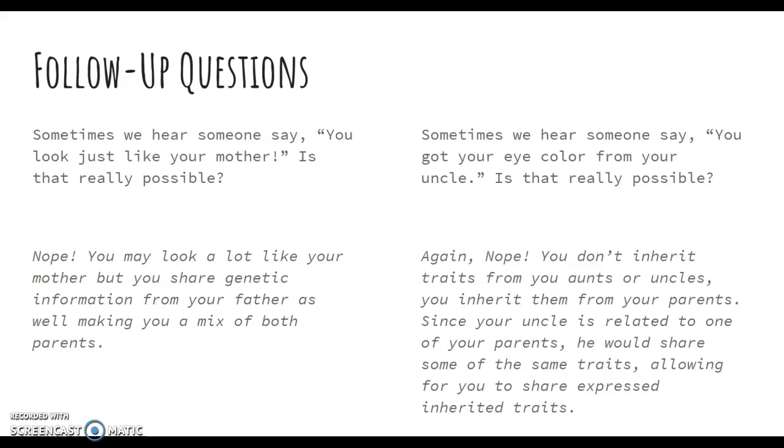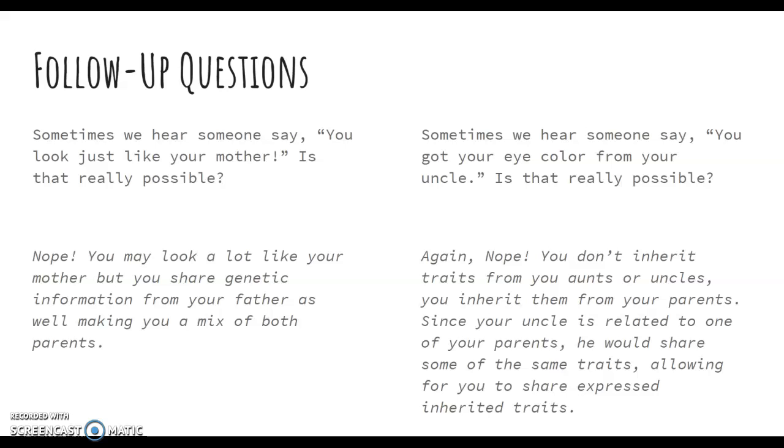Now, your uncle is related to one of your parents. And so they are going to share genetic makeup from your grandparents because that's their parents, right? So you may have the same or similar traits to an extended relative like your uncle, but do know that is not because you got the traits from them that you share that.